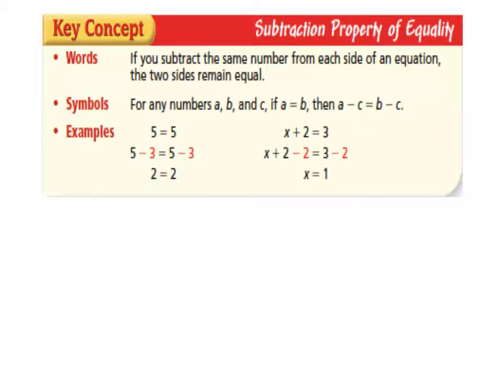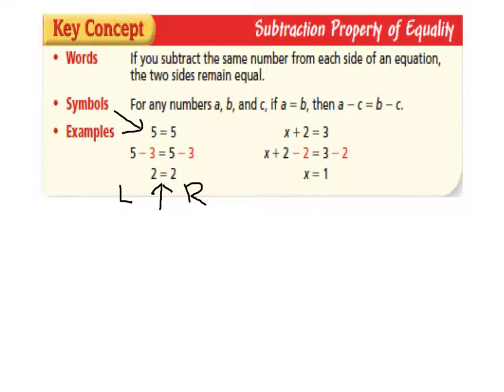So like in example number 1, if we decide that 5 is equal to 5 and we want to take away 3, whatever we do to one side, we have to do to the other. What I mean by sides is the left side and the right side of the equal sign. When we do the same to both sides, we maintain the equality of our original equation. 2 is equal to 2.